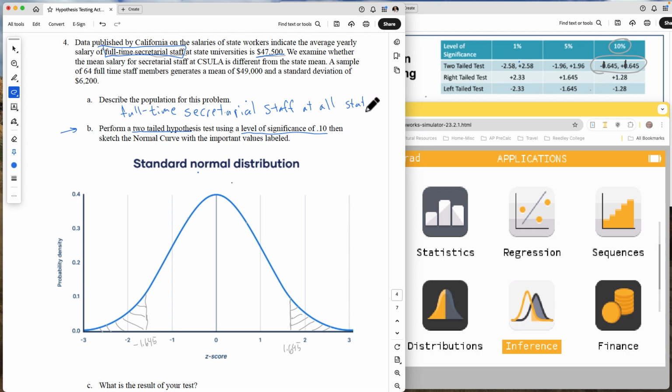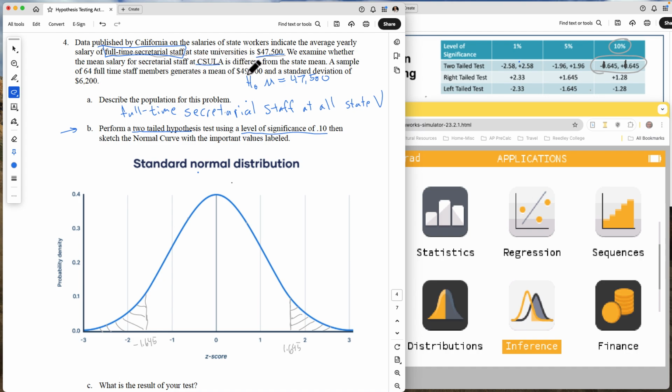We examine whether the mean salary for secretarial staff at a particular one, CSULA, is different from the state mean. So that's different. So the null hypothesis, what they're telling us is that we're given this 47,500, and we think it's different.